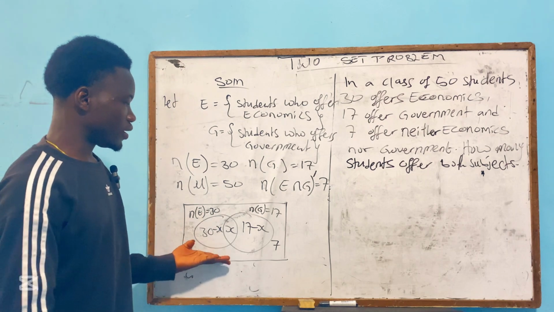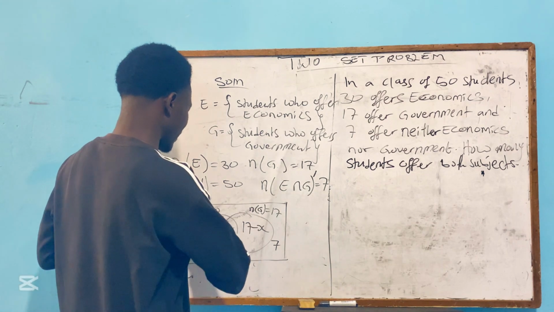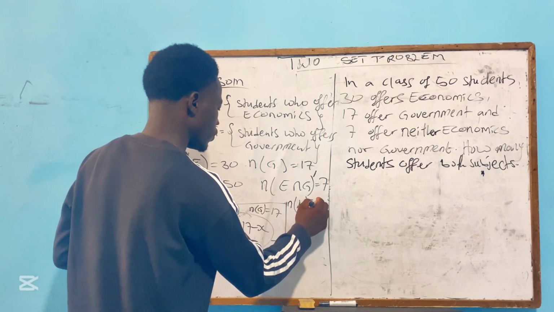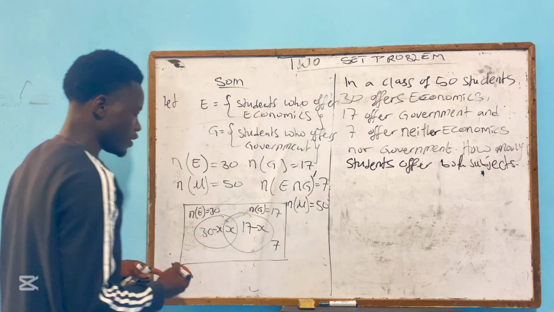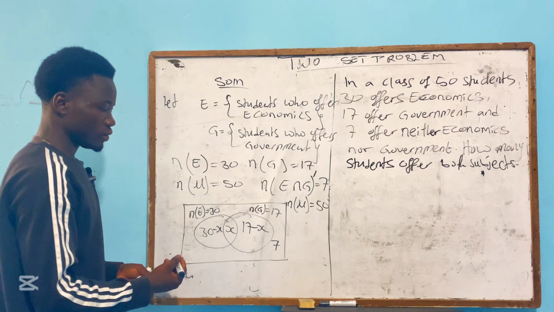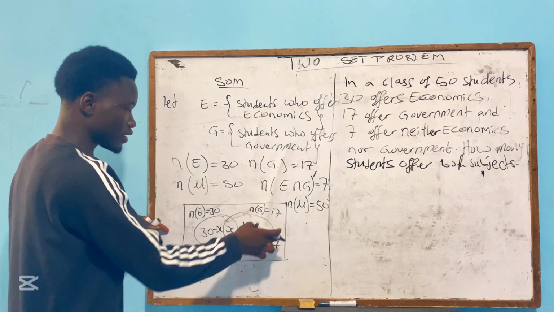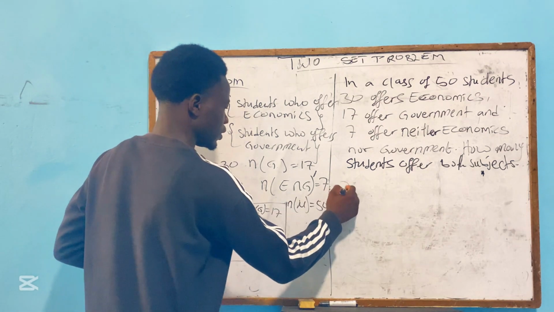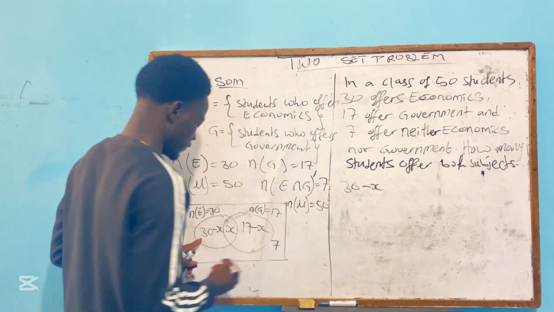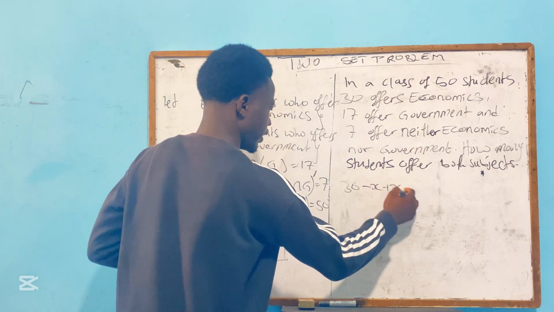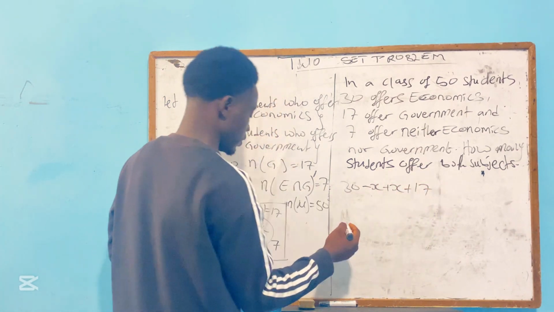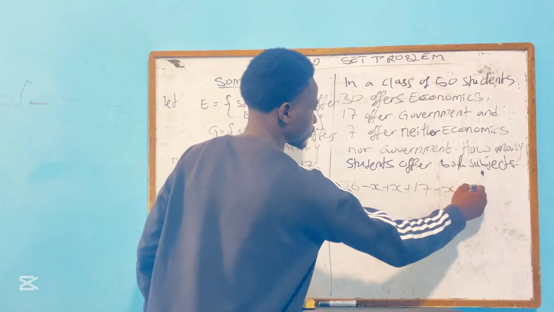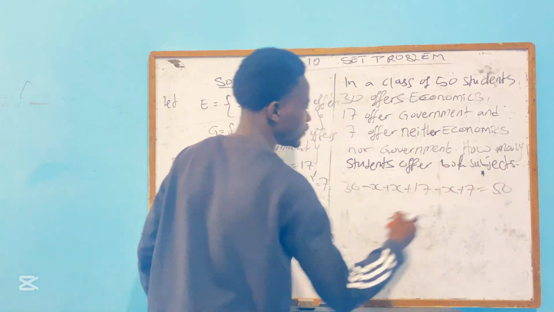Now that I have gotten this, everything inside here should be equal to 50. Therefore, I can sum everything inside this rectangular box, the Venn diagram, to give me 50. So I start with 30 minus x plus 17 minus x plus the 7, and this will give me 50.